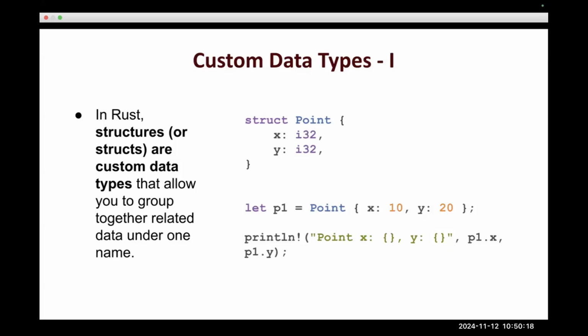And then you can initialize it. You can create an instantiation of this structure and create an instance P1 here. This let is something new in Rust. Probably you're familiar with Java or JavaScript, so probably it's not something new. It's something people use to define a new variable.